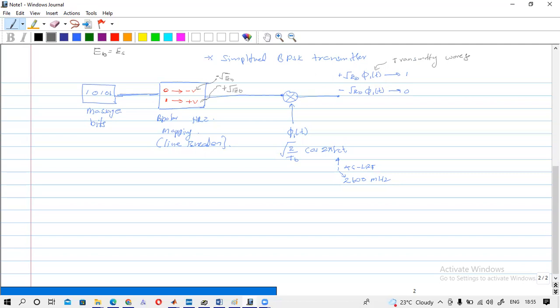Here you are transmitting a sinusoidal wave in the RF range. So this will be a real signal and it will be an energy signal. Otherwise, we can't propagate it. We can't transmit it.